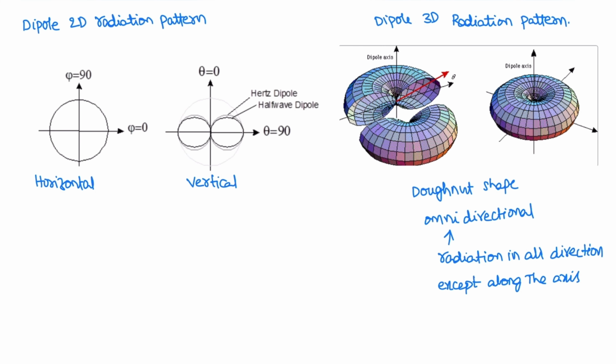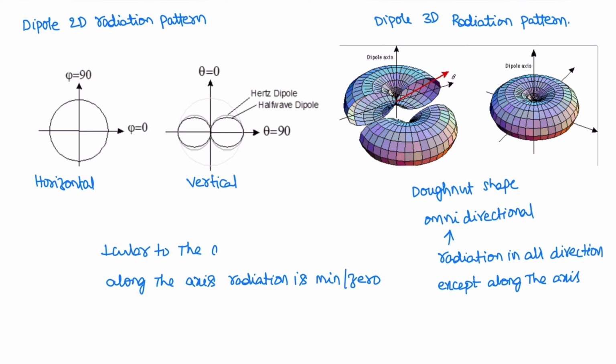So radiation pattern is maximum perpendicular to the axis, and minimum radiation along the axis. Along the axis, radiation is minimum or zero. Perpendicular to the dipole axis, radiation is maximum.